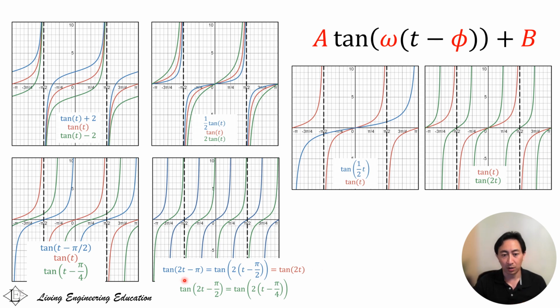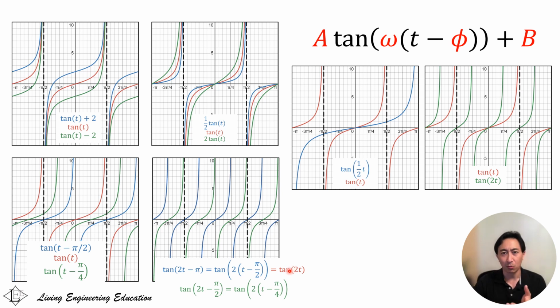So 2t minus pi, we can factor out the omega term, and this is tan 2 times t minus pi over 2. So your period is cut in half, so it's pi over 2 instead of just pi for tan t. And so this will overlap because you're shifting it by an entire period. So it's exactly the same.